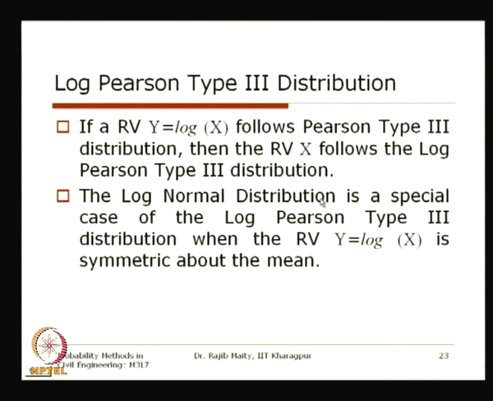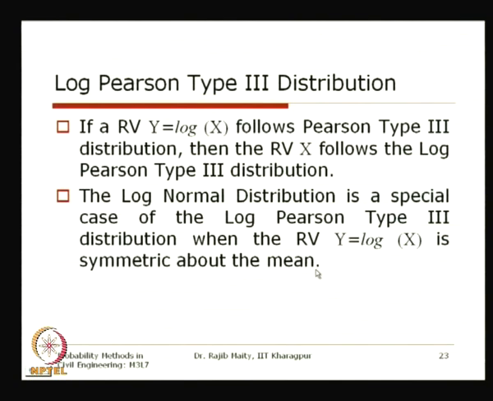The log normal distribution is a special case of the log Pearson type 3 distribution, depending on how we control the parameters of the Pearson distribution, when the random variable y equals log x is symmetric about the mean.